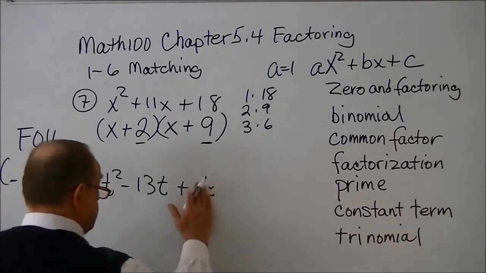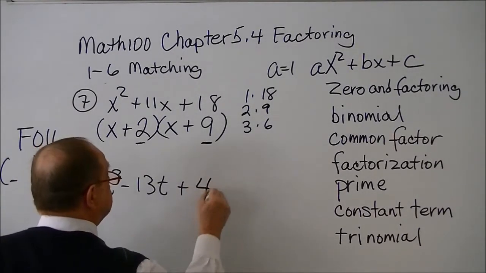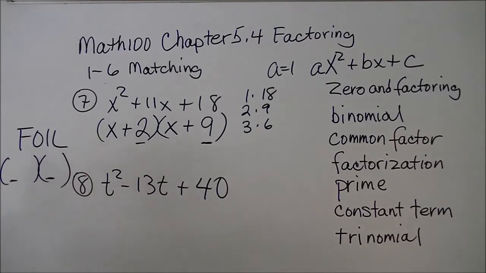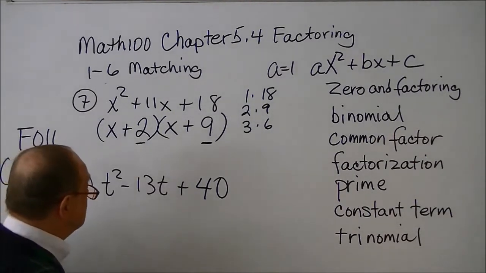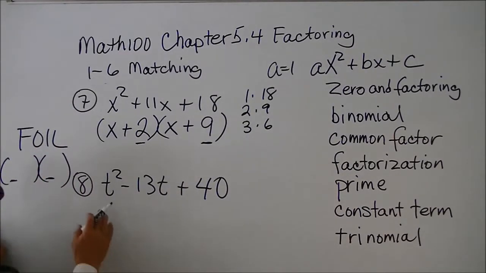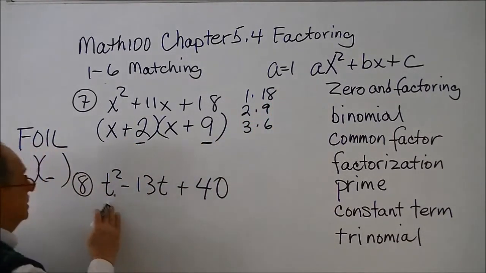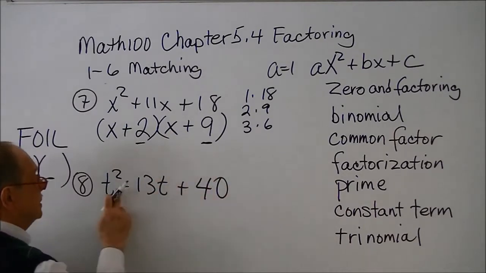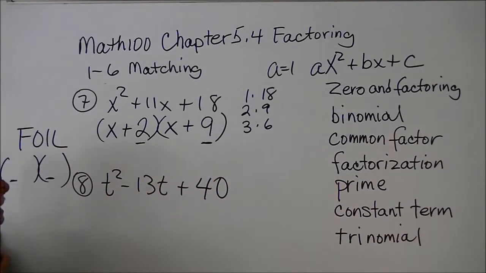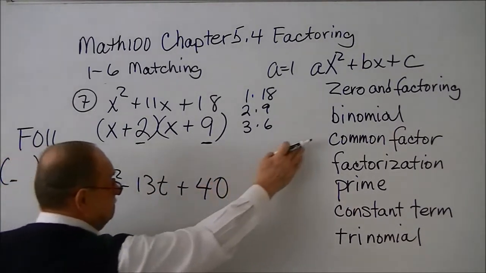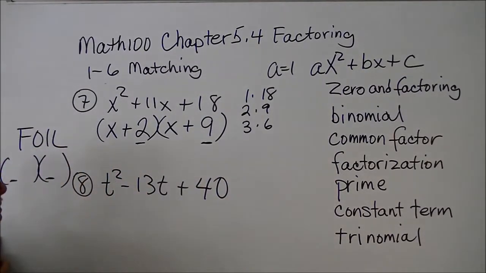And I see I didn't copy this one correctly. All right, that's better. You have to copy them down correctly. Okay, as you look at example 8, again, it's in standard form of the quadratic expression, descending powers of t. There's no common factor that I could factor out.